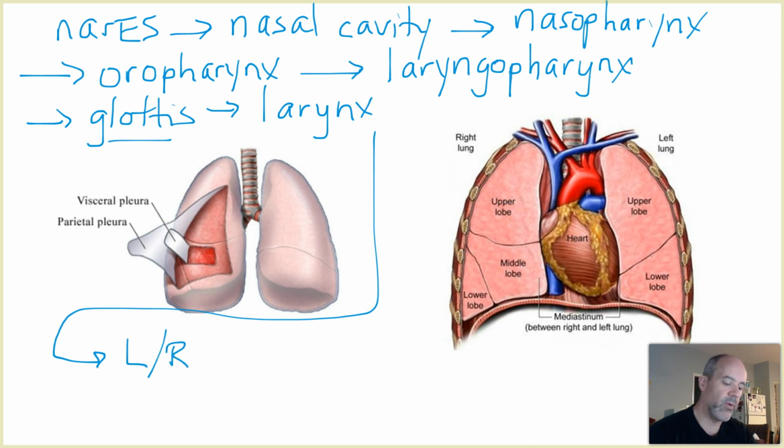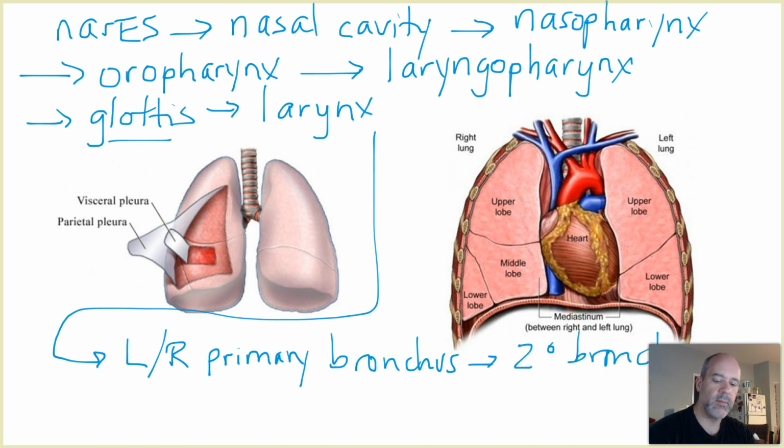Either a left or a right primary bronchus. That's going to lead to a secondary bronchus. That 2 with a little degree symbol stands for secondary. That leads to a tertiary bronchus. The 3 with the little degree symbol means tertiary.